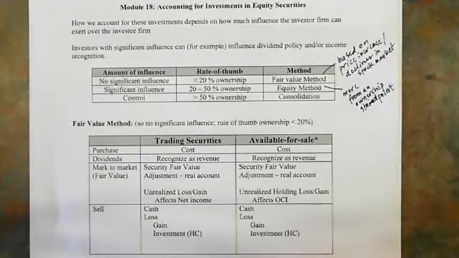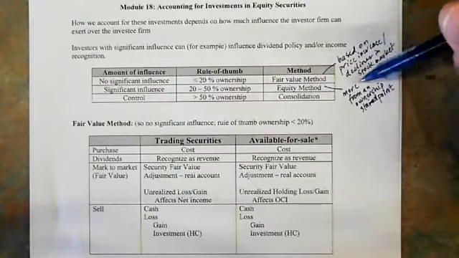Rather, they're based on the amount of income that comes into the company, and we treat the investment as a proportional amount of the net assets of the company. We'll look a little bit more at equity method in 18.2.